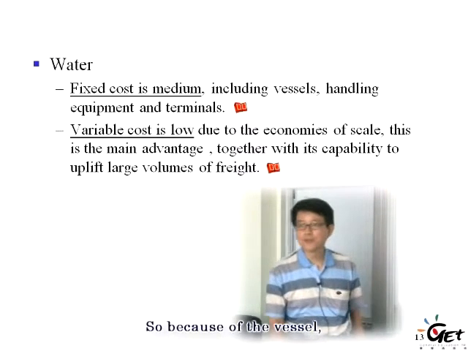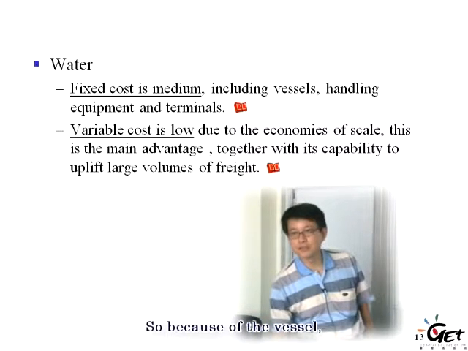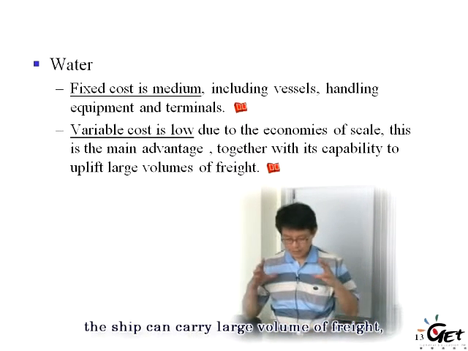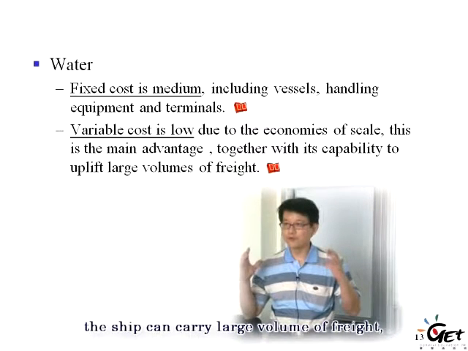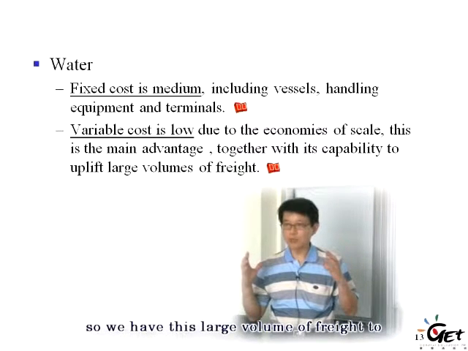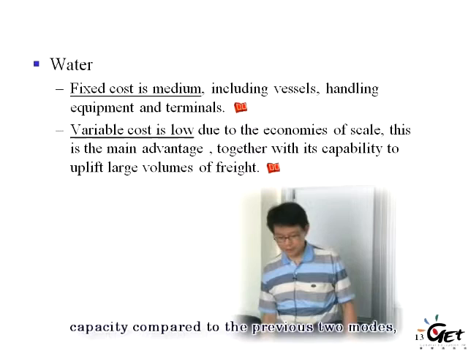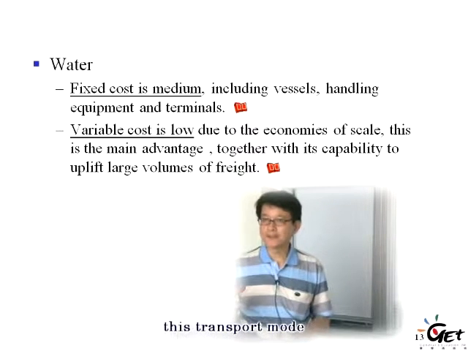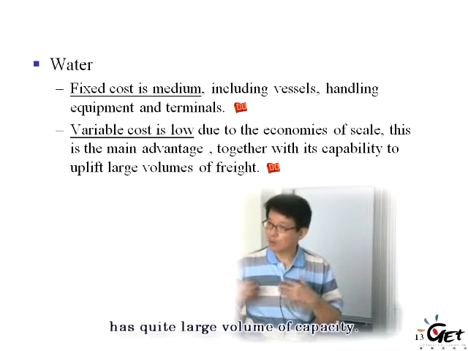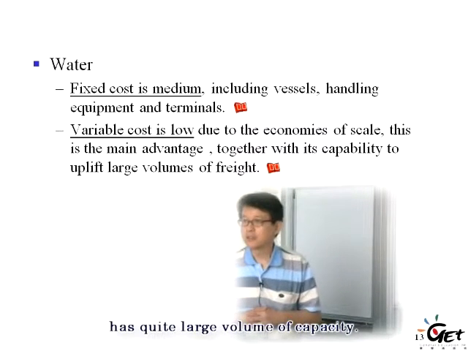Because the ship can carry a large volume of freight, we can have more units to share the cost that we need to pay, so we have a lower unit variable cost. And of course, this transport mode has quite a large capacity compared to the previous two modes.